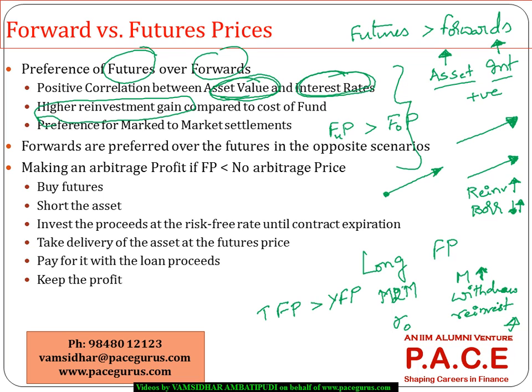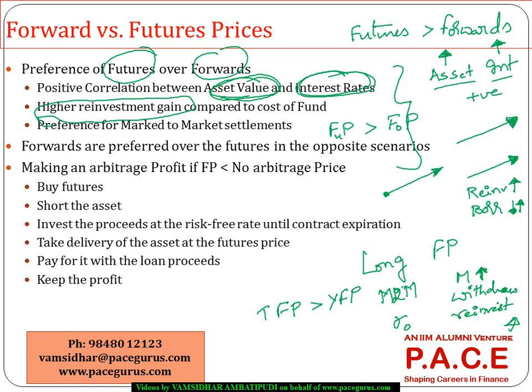So if I get more mark to market amount in the initial periods, meaning my margin account is updated early, I can use those proceeds for reinvestment and get a higher reinvestment return. So if the interest rates and the asset prices are positively correlated, there will be more demand for futures contracts over forward contracts.